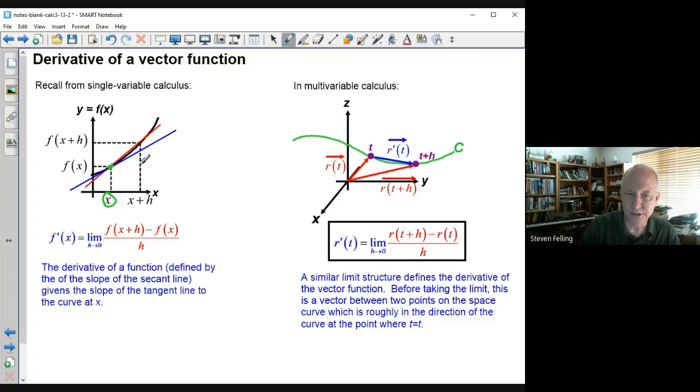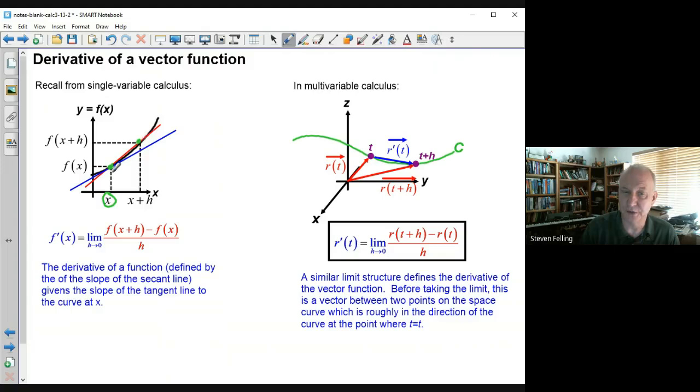We'd go some distance h away down the path of the input of the domain, and that would give me another point on the function curve. So I could plug x into the function and get f of x. I could plug x plus this distance h into the function and get f of x plus h as the y. And then I could just apply the slope formula from algebra to get the slope of this red line.